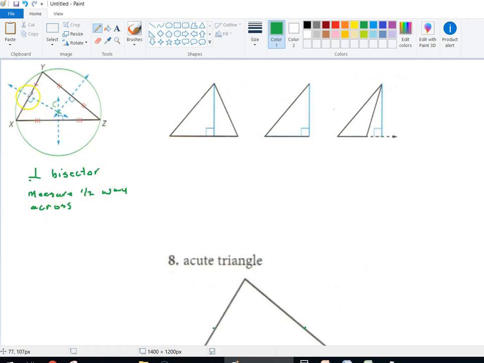Put a little mark there, and then get your protractor out and line up the protractor so you can see the 90-degree mark.